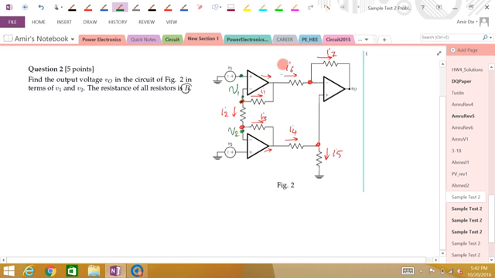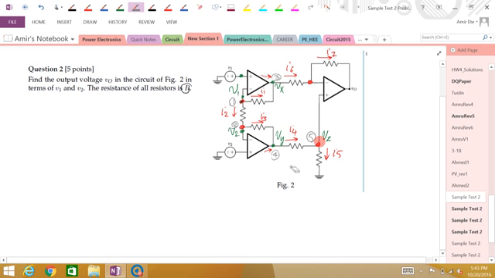So let's call this Vx and this Vy and this voltage Vz. Alright, so I will have KCL for node 1, node 2, node 3, node 4.